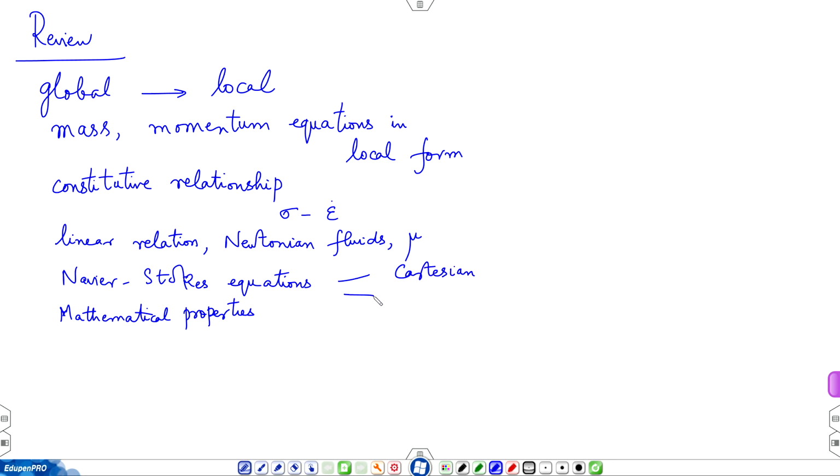So, mainly we have looked at these equations in Cartesian and cylindrical coordinates.